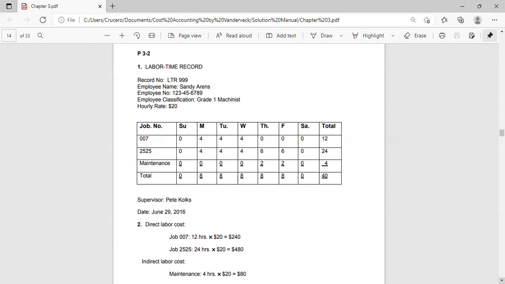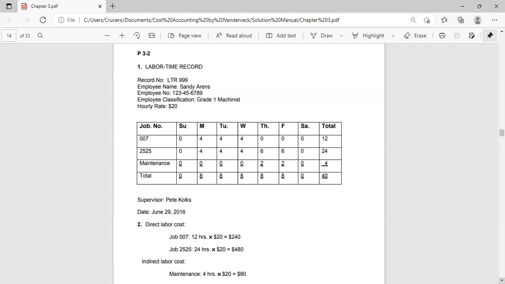On Monday, June 24 through Wednesday, June 26, she worked 4 hours per day on each job, 7 and 2525.